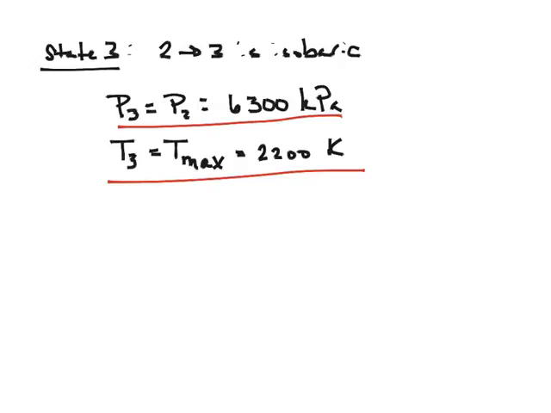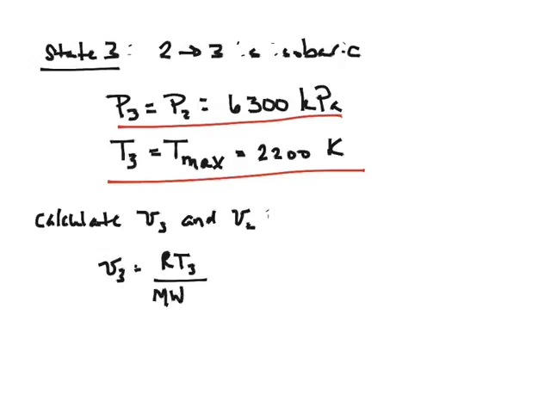So now we can calculate V3 and V2, our specific volumes at these states, using the ideal gas law. And we need those, just as a reminder, because we need to find our cutoff ratio. All right, so V3 is going to equal R T3 over molecular weight times P3. Okay, I'm just going to plug in 8.314, and always watch the units on that ideal gas constant.